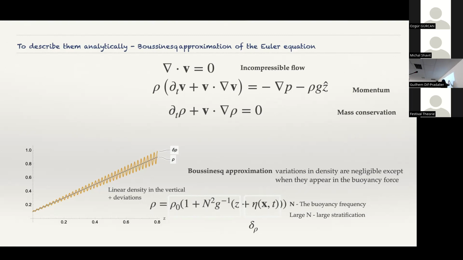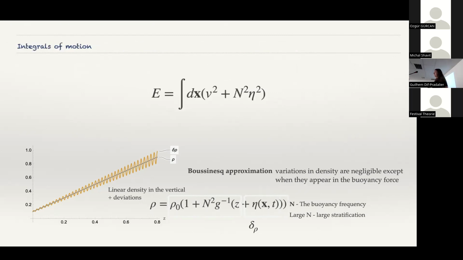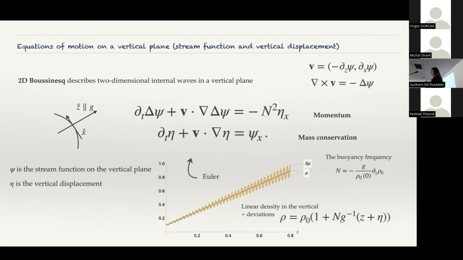So it's only important when it's multiplied by gravity. And then you get the Boussinesq equations, and they conserve energy, which has now a kinetic part and a potential part that depends on the intensity of the deviations from the stratified profile.